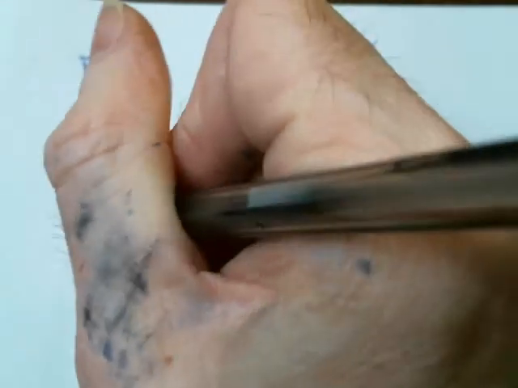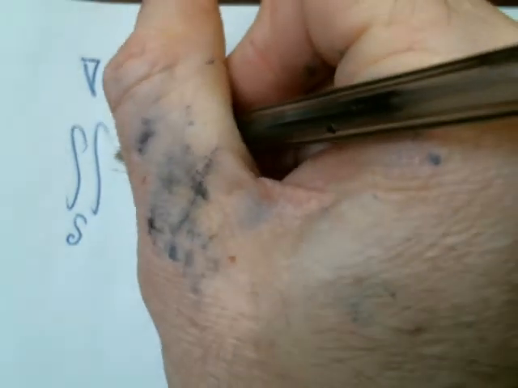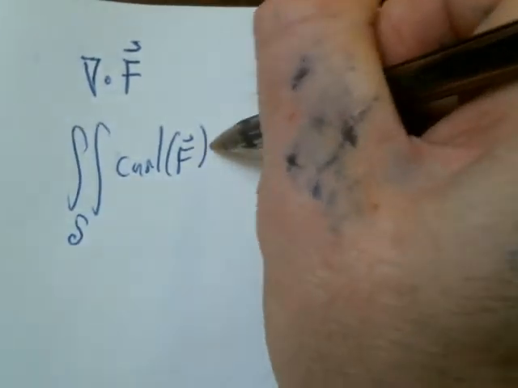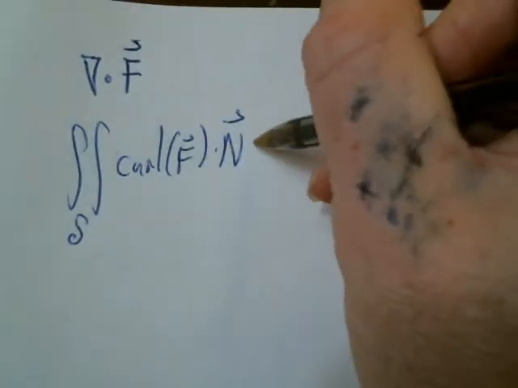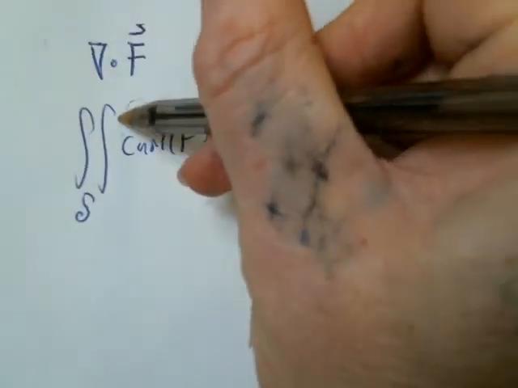Okay, so anyways, now we're on to this other side of the equation where we're doing this double integral over the surface of the curl of F dotted with the unit normal vector. So I need this curl part.